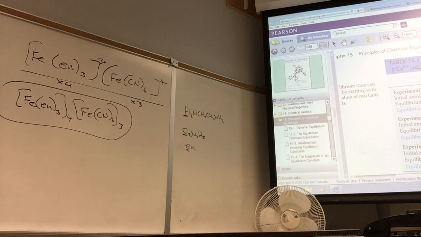And then over here, this is going to be plus 2x. Well, plus 2x is plus 0.100 here. And so I should end up with 0.100 moles here. And this is plus x. Well, plus x is plus 0.050, or 0.0500 to keep the sig figs correct. So I'll just call it 0.0500 moles.